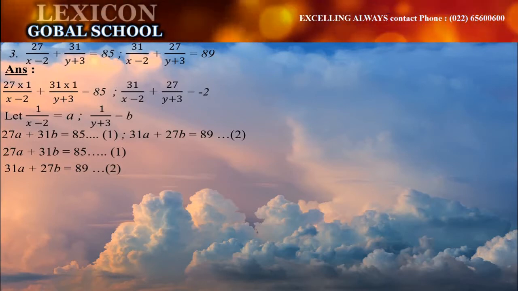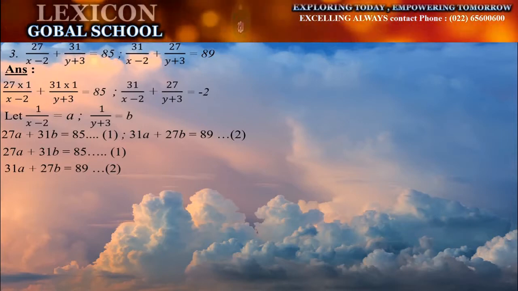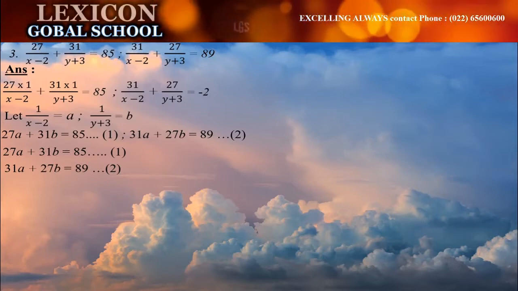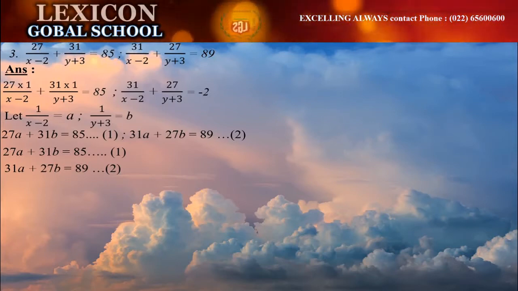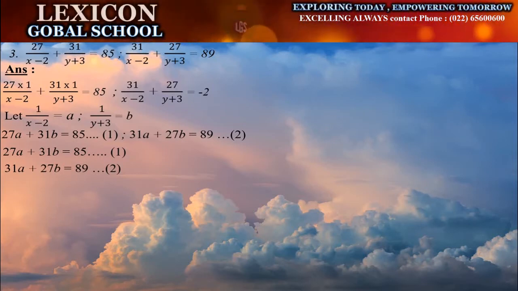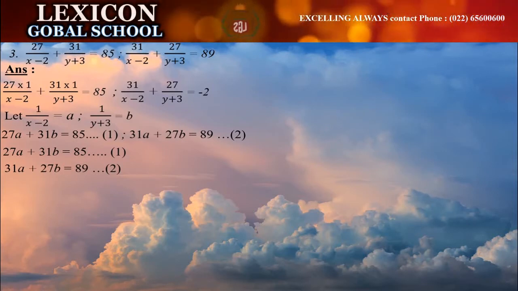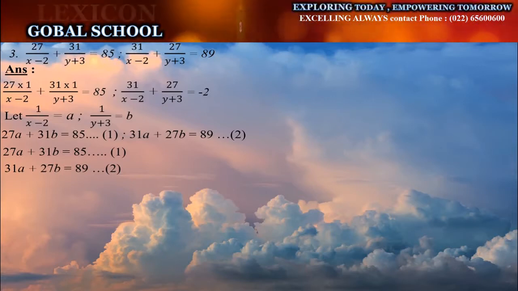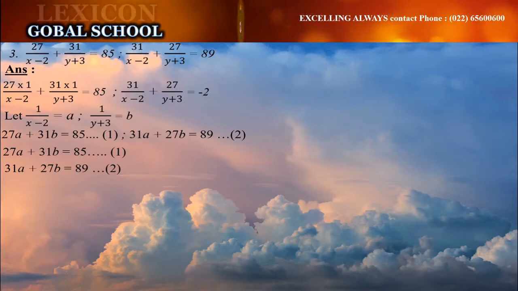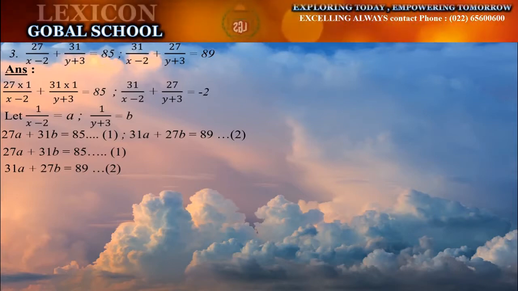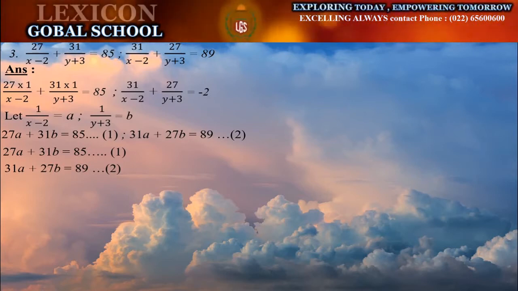As you can see, your coefficients have been alternated. The coefficient of a in the first equation is the coefficient of b in the second equation. Similarly, the coefficient of b in the first equation is the coefficient of a in the second equation. So, in such cases, what we had done in the first exercise, we had added and subtracted to derive equation 3 and equation 4.